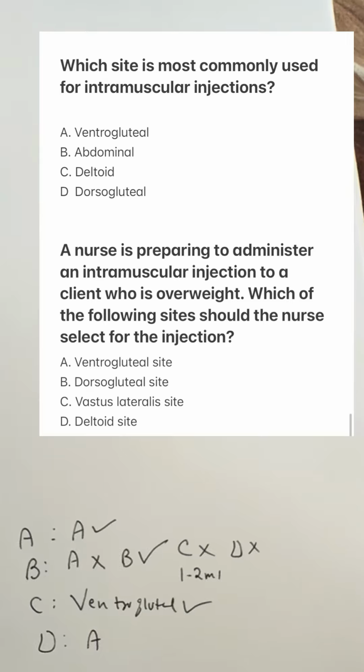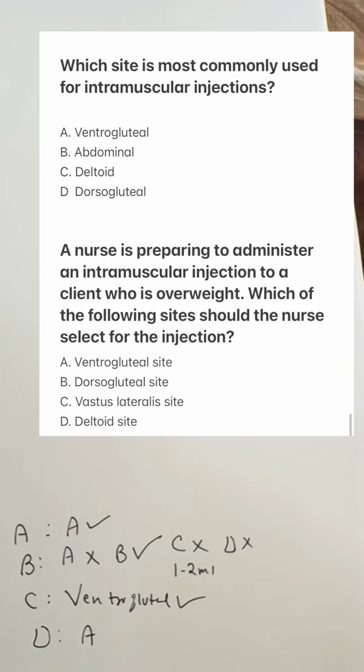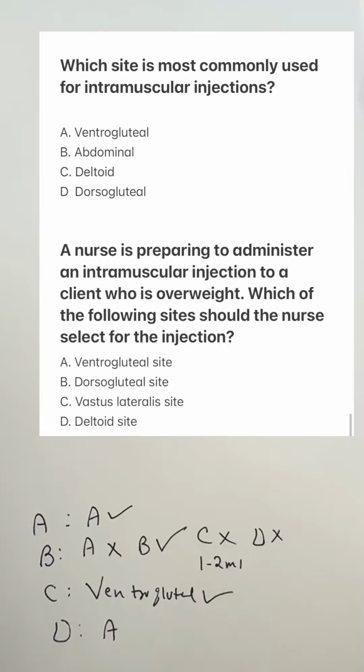The ventrogluteal site is the preferred IM injection site for adults and children, but not for infants and toddlers. Therefore, go with A.